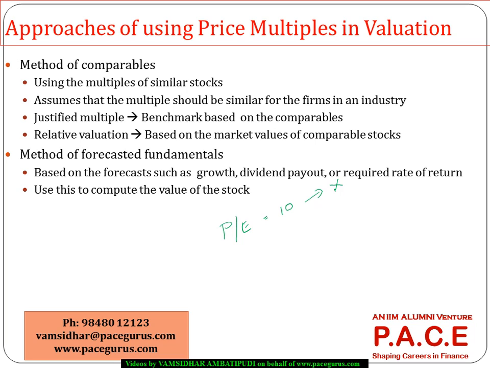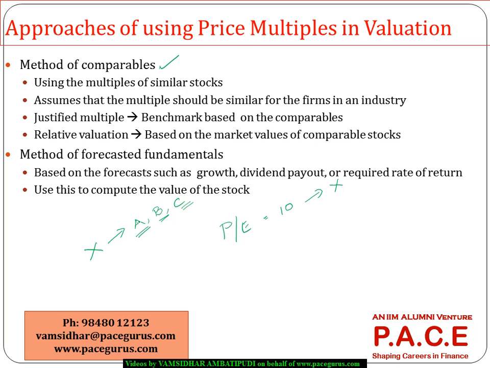The first mechanism is the method of comparables. Let's say I am talking about a stock X. Try to identify all those companies which have similar behavior as stock X, probably companies A, B, C, which have similar behavior, meaning probably from the same industry, with the same type of risk structure.